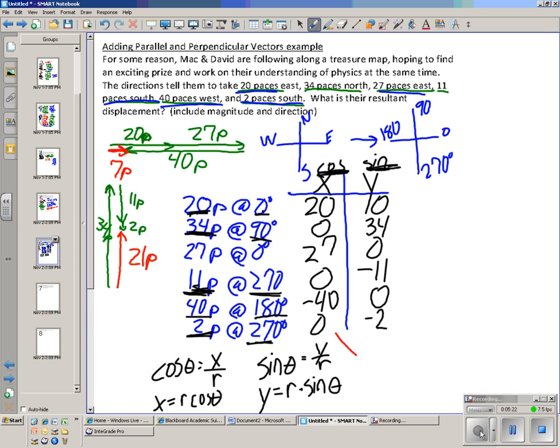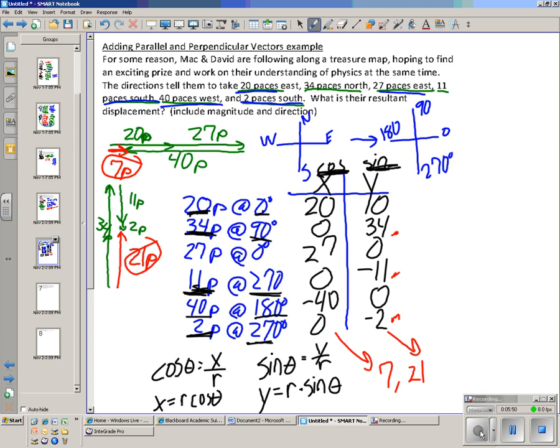What I need to do is get my big X and my big Y. My big X, I just have to say 20 plus 27 minus 40 is going to be 7 is my big X, and my big Y is going to be 34 minus 11 and then minus 2, and that's going to be 21, which is the same values I got over here.